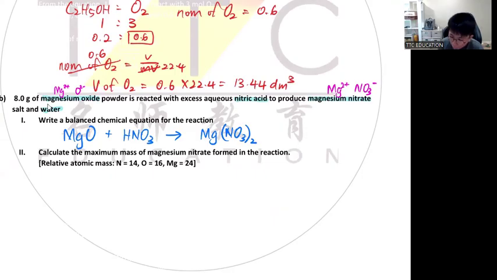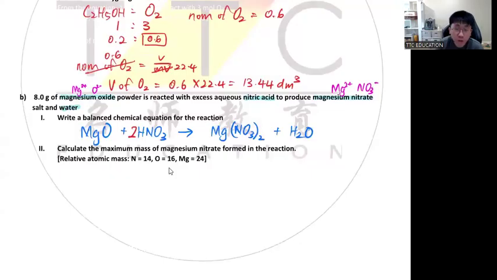Don't forget, and water, plus H2O. And guys, balance the equation. There's 2 NO3, 2 H, so the balanced equation comes with a 2 in front of your HNO3.